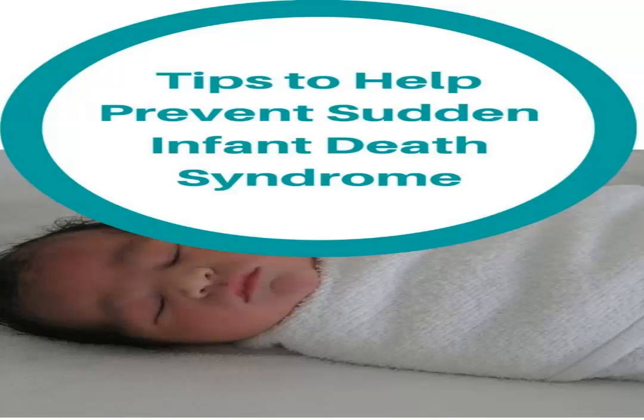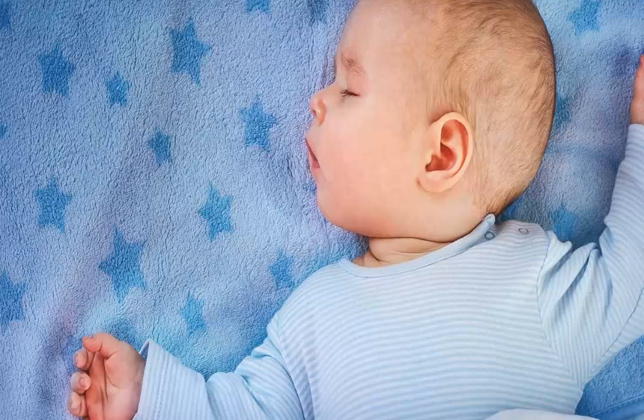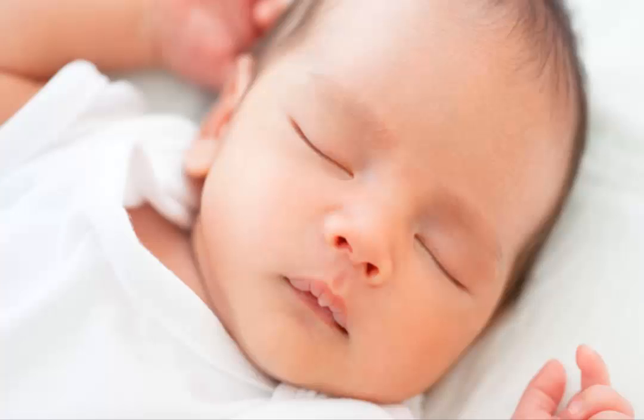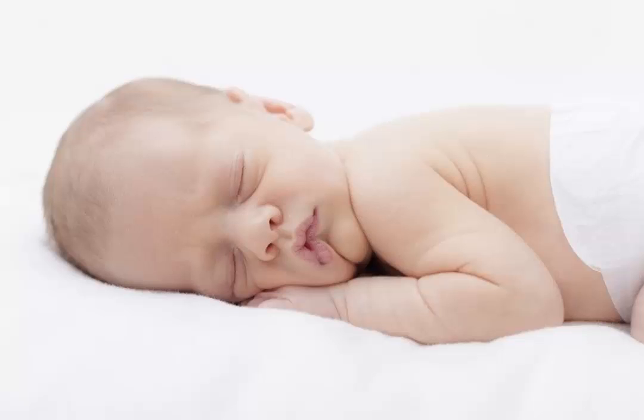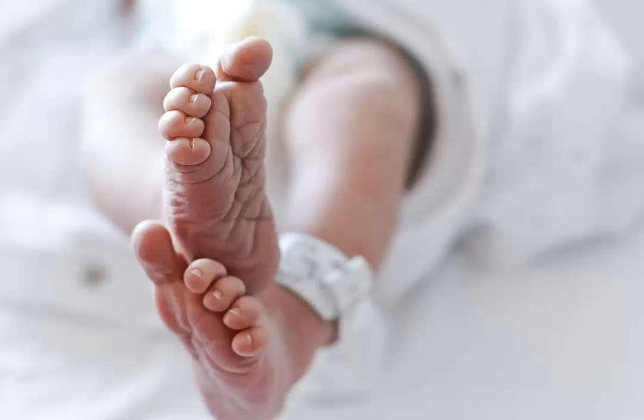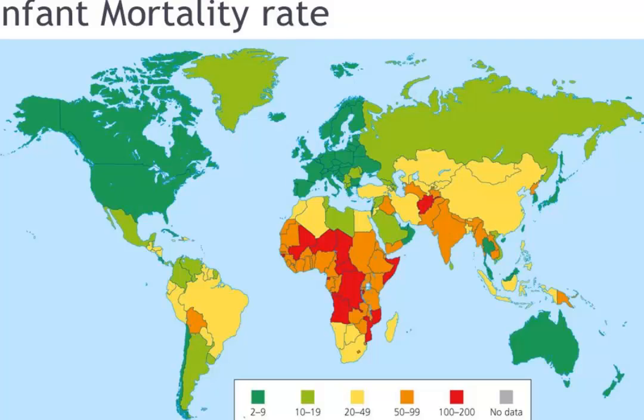This ranking is an average for all infant mortality from birth to age 1. It does not reflect the fact that the major causes of death in older infants are different from those in younger infants.